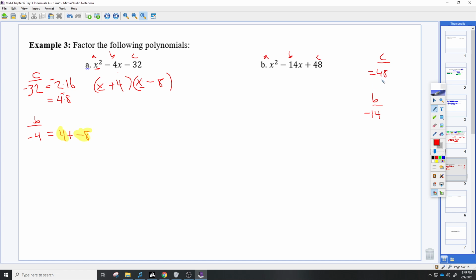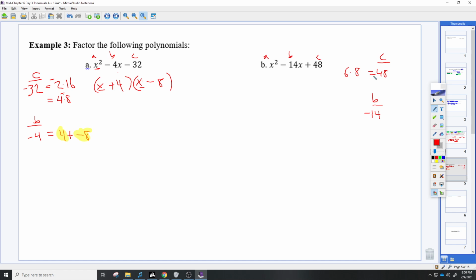You have 24 times 2. Not going to work, right? You have 4 times 12. Not going to work. All right, I'm trying to think about putting them together to get 14, and there's no way for that to happen. How about 6 times 8?